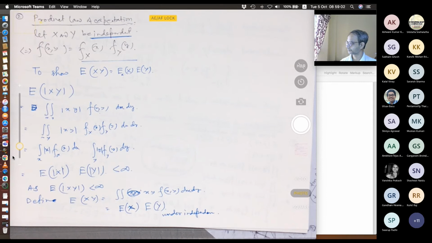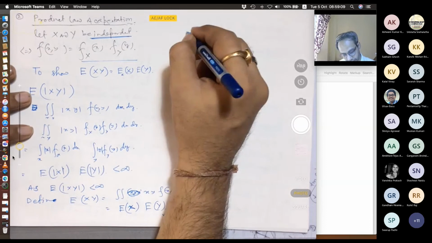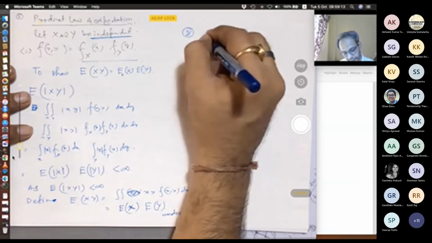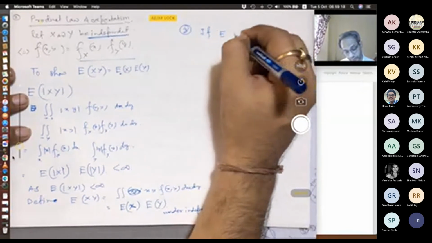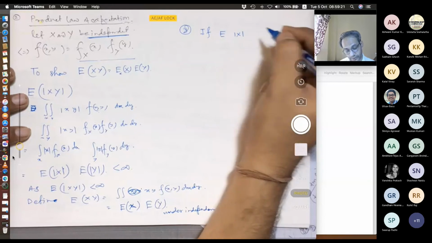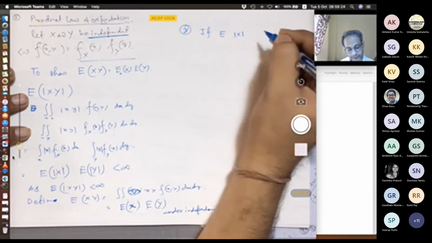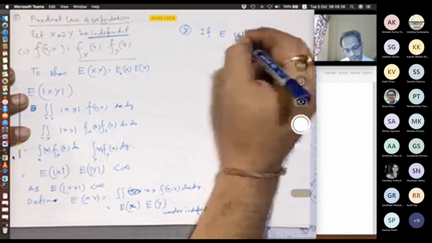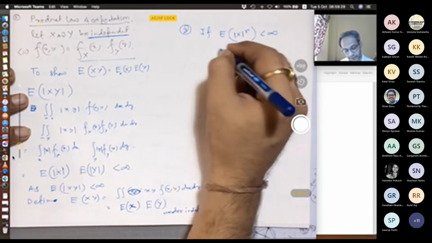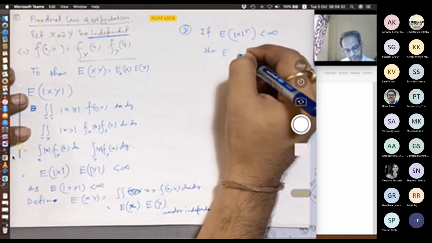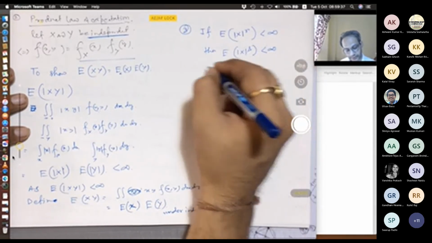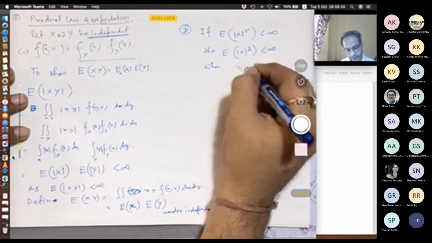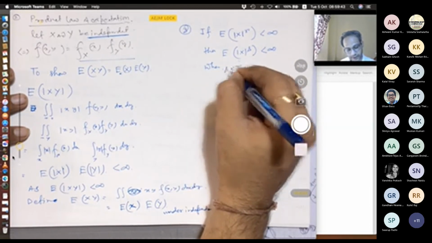Try to do this homework: if expectation of |X|^r is finite, then expectation of |X|^s is also finite when r is greater than s.